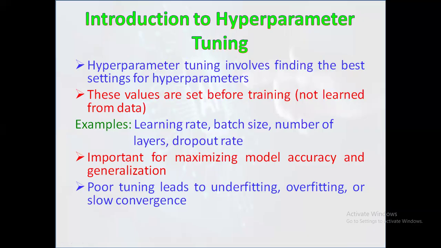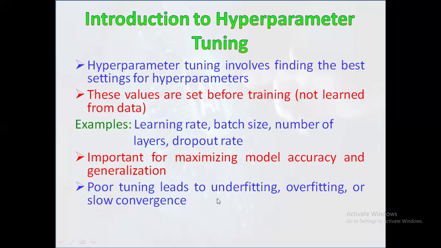That means tuned hyperparameters can reduce error on both training and validation data sets, leading to a model that generalizes better to unseen data. And poor tuning may lead to high bias, that means underfitting, or high variance, that means overfitting.